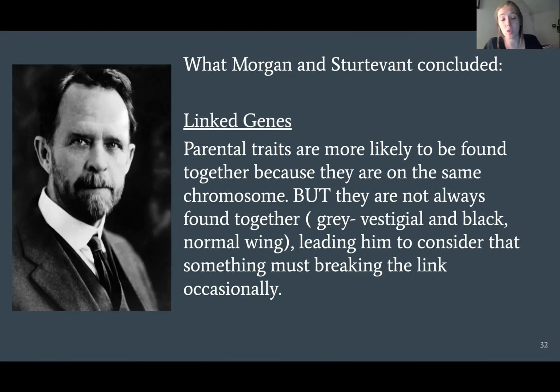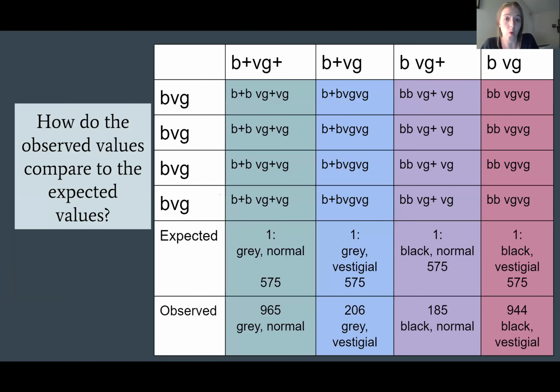These are genes that you are potentially familiar with, like red hair and green eyes, or blue eyes and blonde hair. Those are potentially linked genes. This is the idea that Morgan and Sturtevant concluded based on the results of a chi-squared test. They figured out that their observed values were too far away from their expected values to be statistically significant, right?